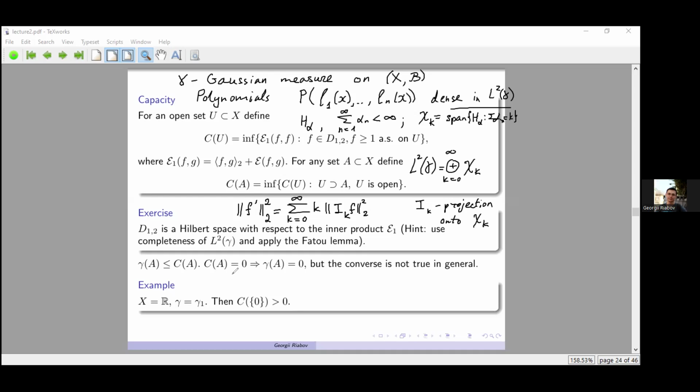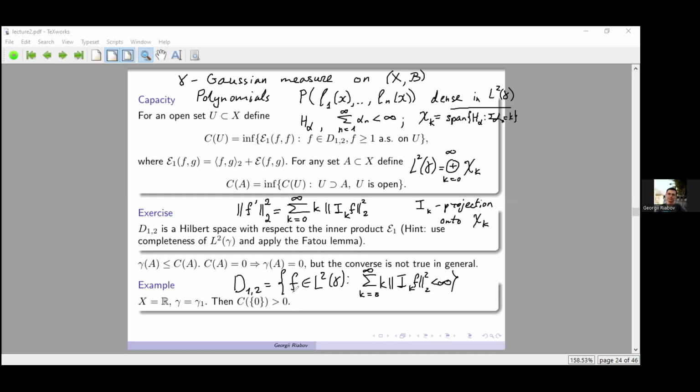Let D be the space of functions from L2 for which the sum over k of k times the norm of Ik f squared is finite.